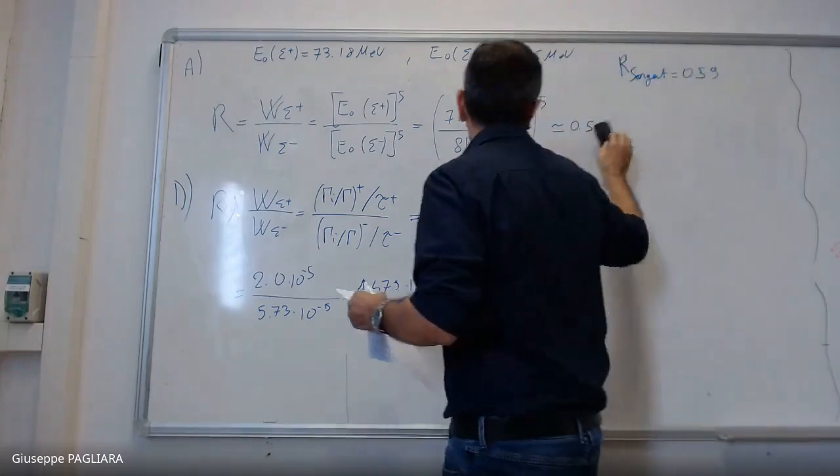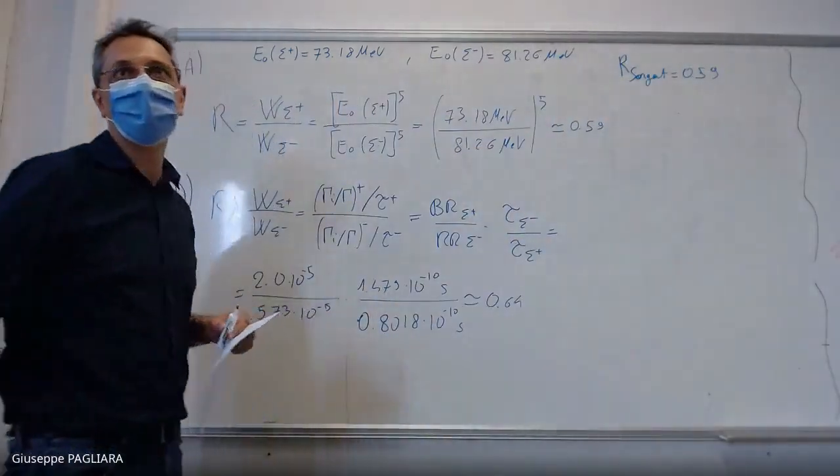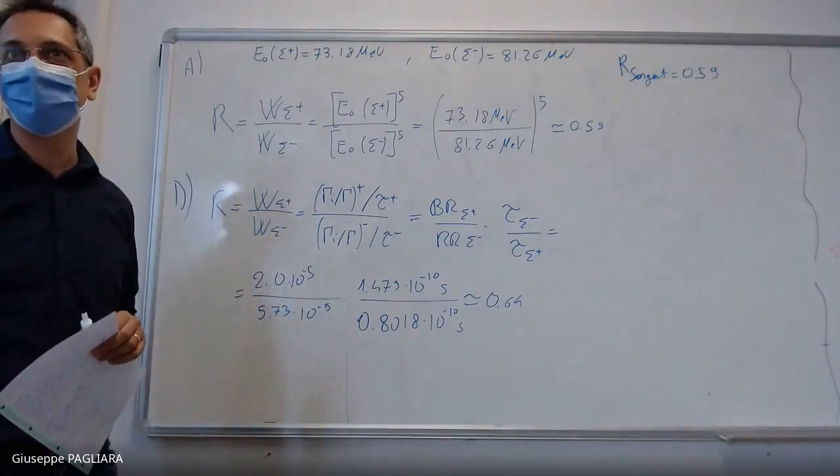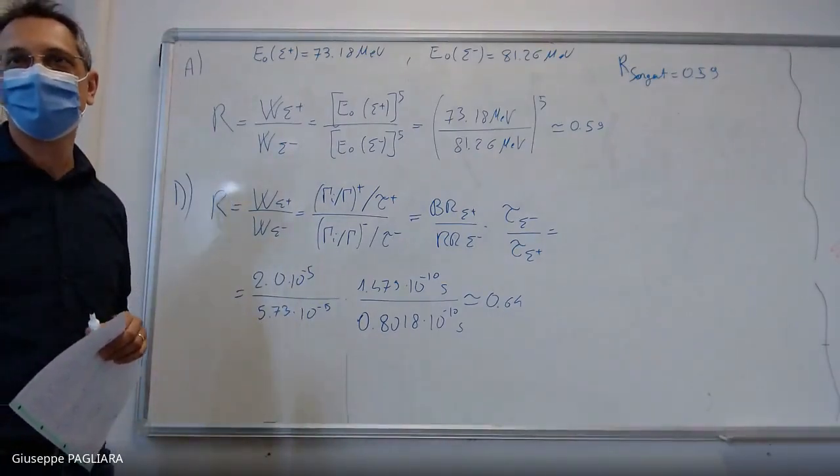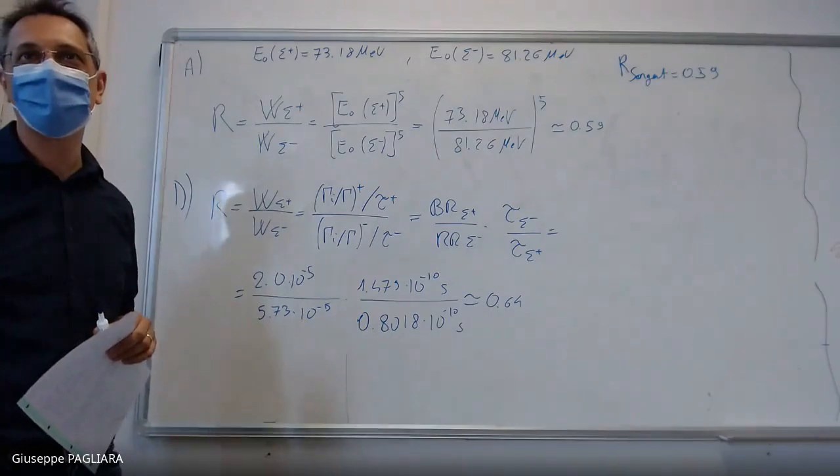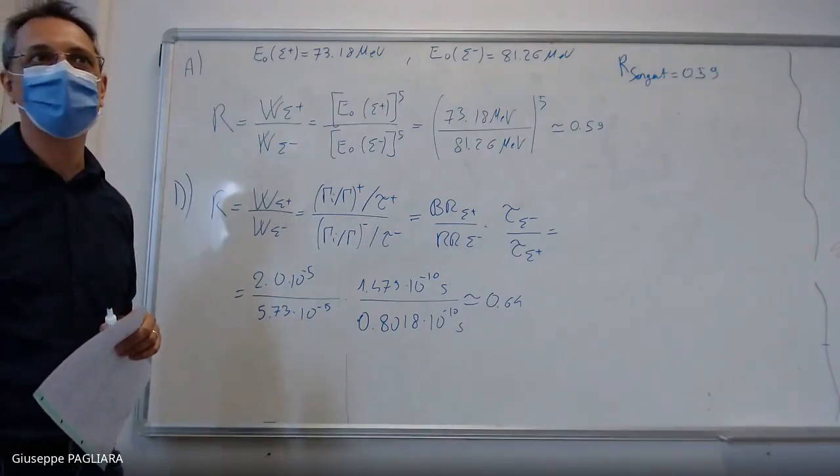So the question is, is there a discrepancy between the two, or are the two consistent with each other? How would you reply to this question? Look at the text of the problem.